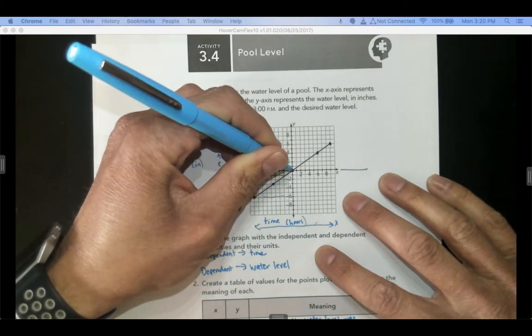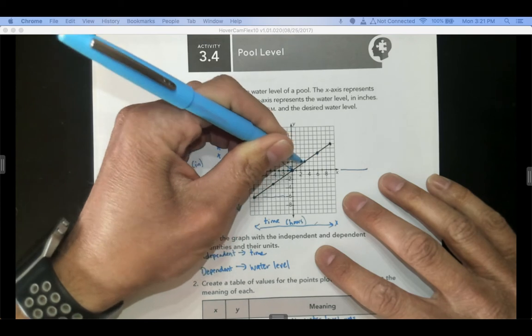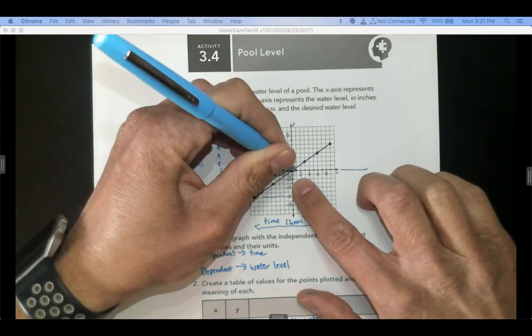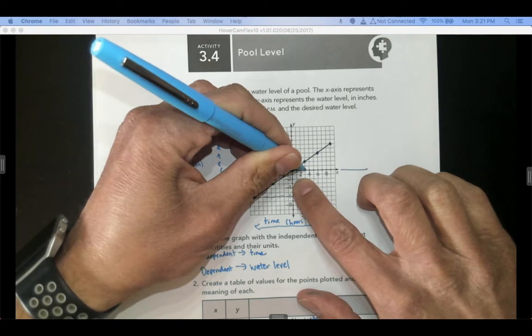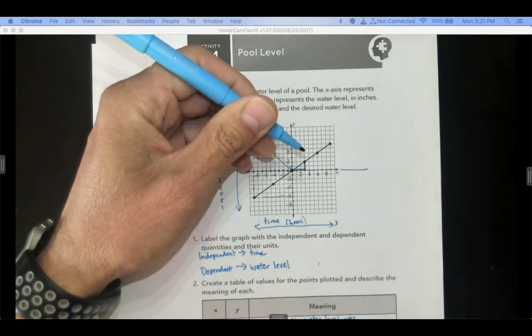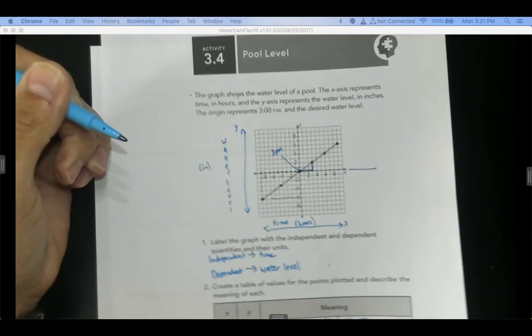So if I start at the origin, I see that this is a point clearly on the line. And so from there, I can see that in 3 hours, the water went up by 2 inches.